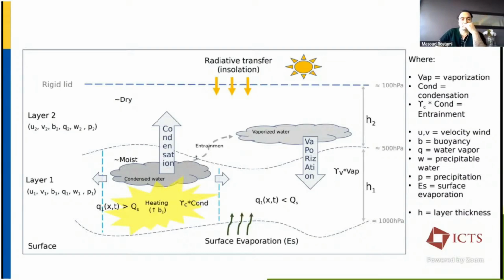And we have moist convection and also precipitable water, which in this simplified system can be interpreted as clouds.